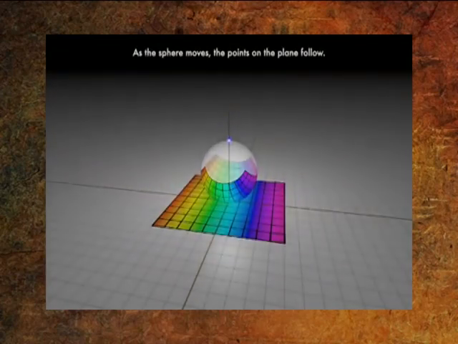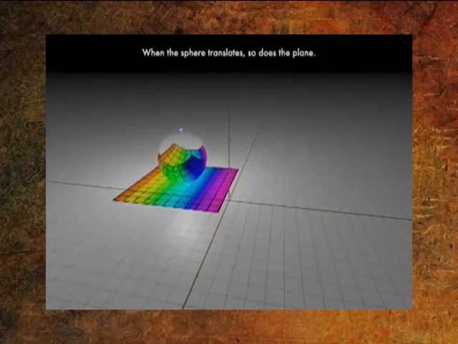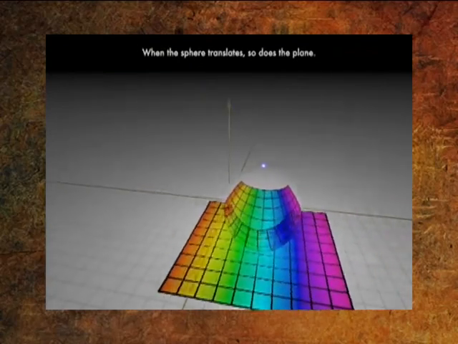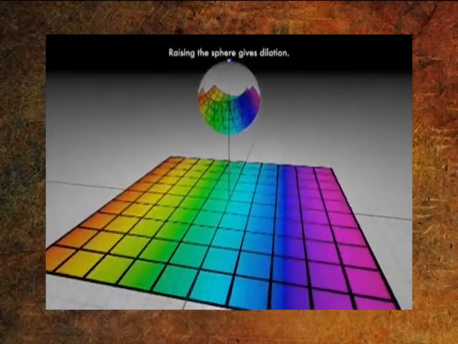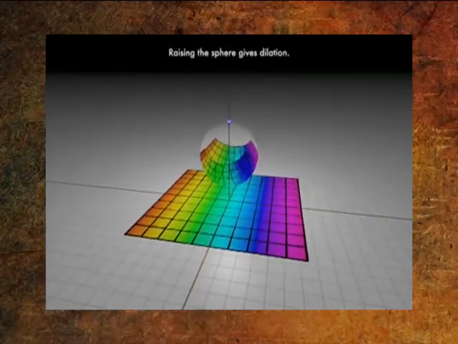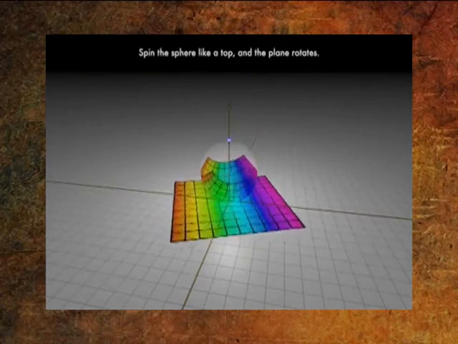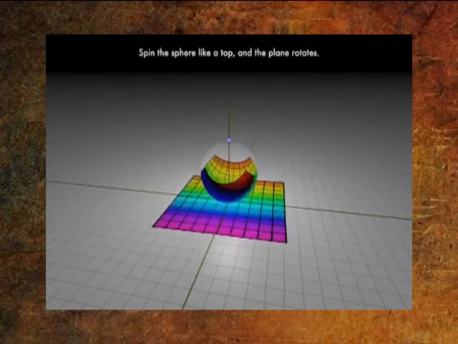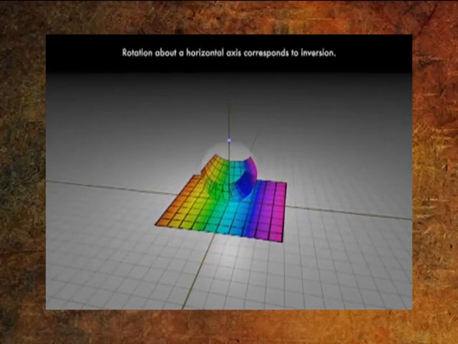We get our translations by moving the sphere around the plane, our dilations by moving the sphere up and down, our rotations simply by rotating the sphere. And the inversion then becomes a very simple operation on the sphere. It is simply rotating the sphere across a horizontal axis.